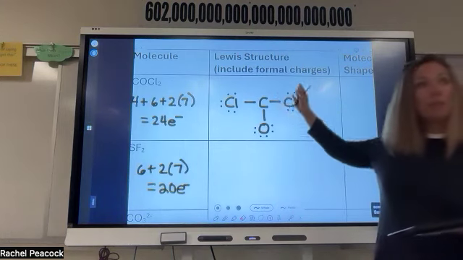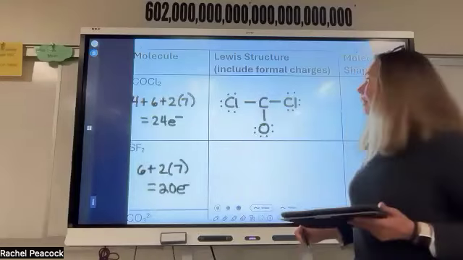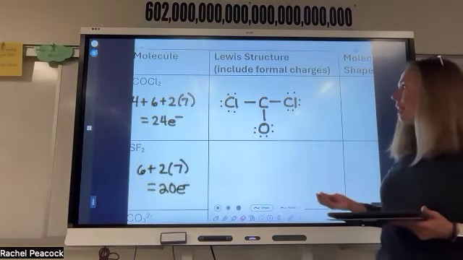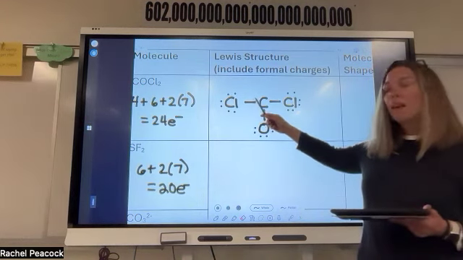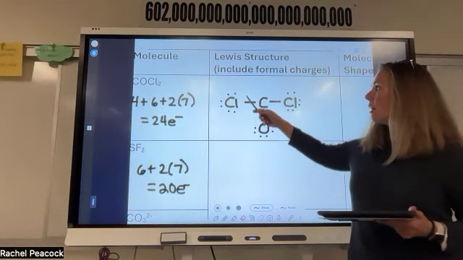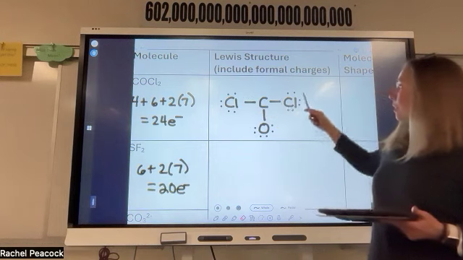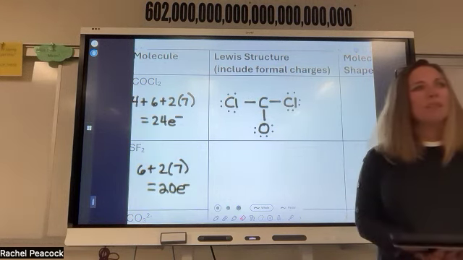Like you counted, you drew out your 24, right? And then you had to decide where are you going to put the double bond. Well, I want you to look right now. Chlorine has a formal charge of 0 right now, correct? So does this chlorine. What is the formal charge on oxygen right now?